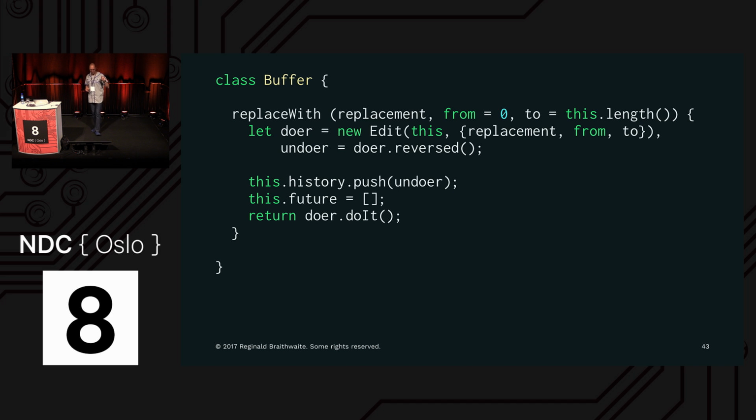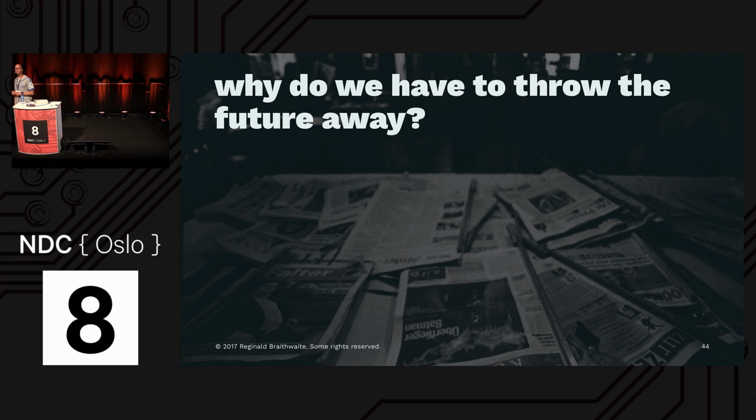With our buffer application, when we push something onto history, we threw the future away. Does everyone see that? I don't know what it is, 1, 2, 3, 4, 5, 6, 7, 8th line, something like that? Why did we do that?